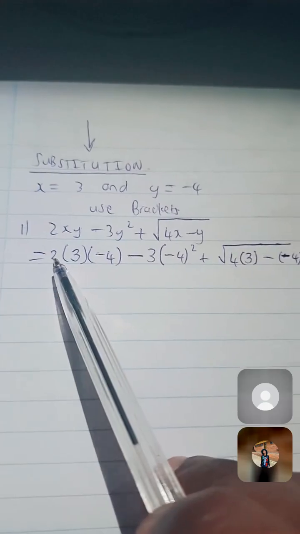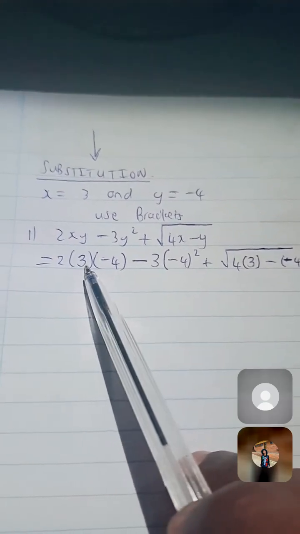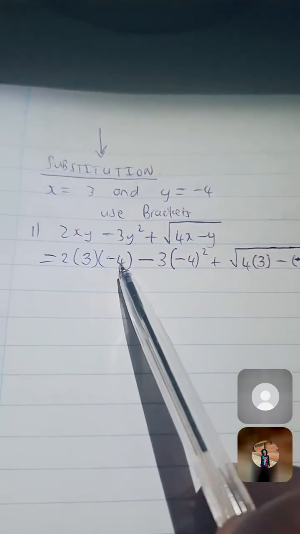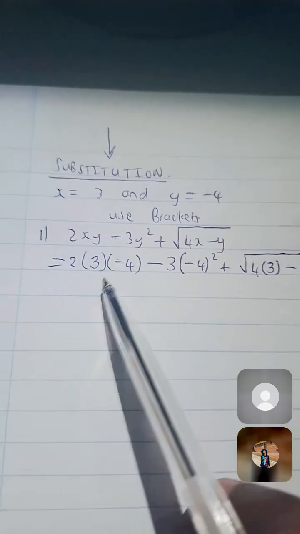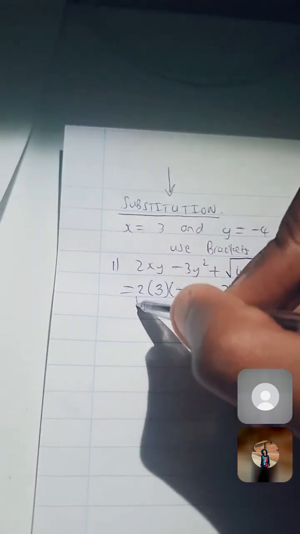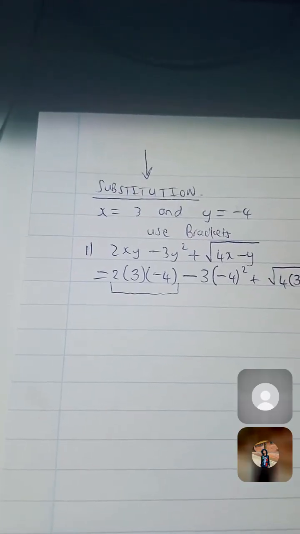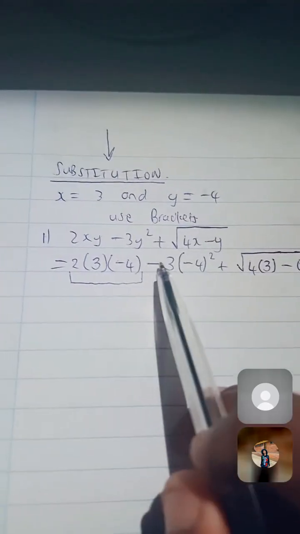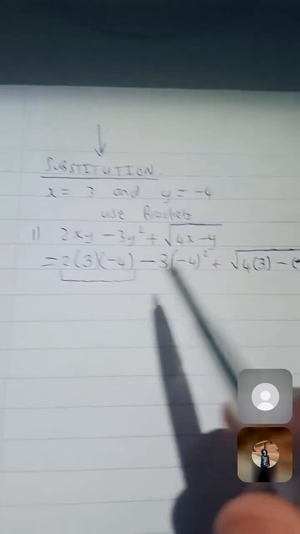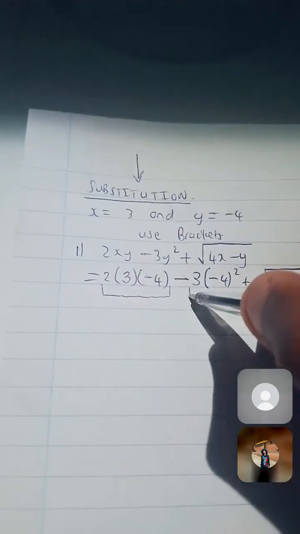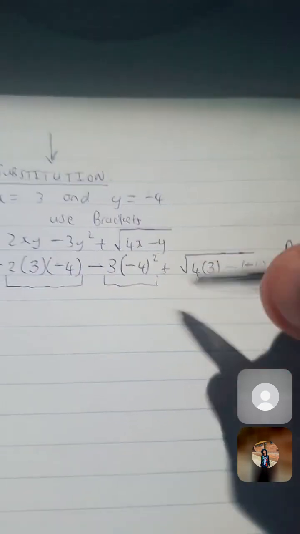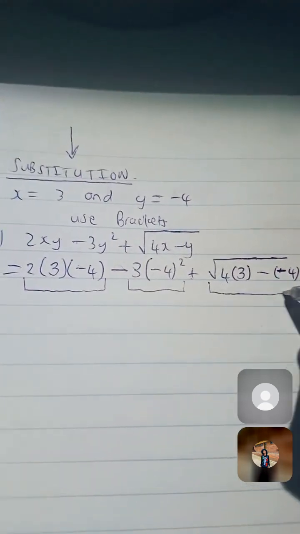So look here, you have 2, you have 3, you have -4. Like I said, this is a separate term. It's separated by this minus sign. Then you have another term separated by a plus sign. Then you have another term.